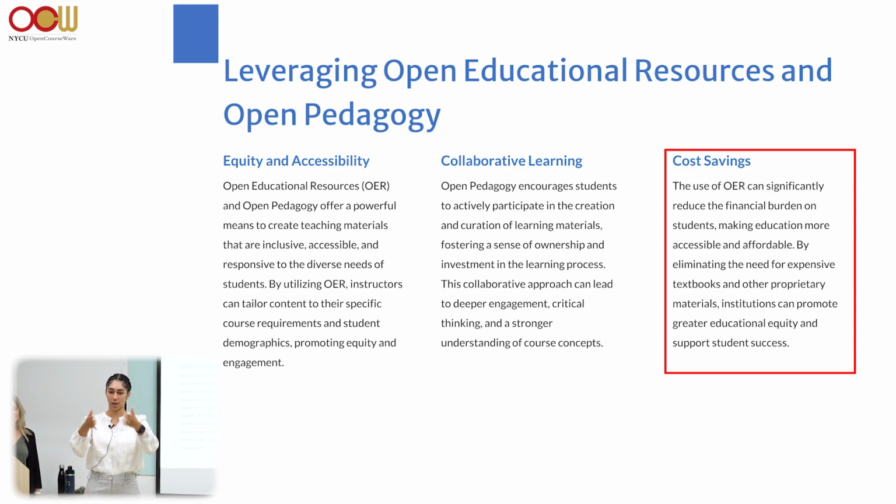Their cognitive load is focused on your learning materials. So it's not only a cost savings to students, but when we look at how this can support student success, a tool like OER or even open pedagogy can really be leveraged in a way that supports students' learning and enables them to focus on what it is that you want them to learn and on demonstrating that learning in all of those creative ways that we can then assess them.